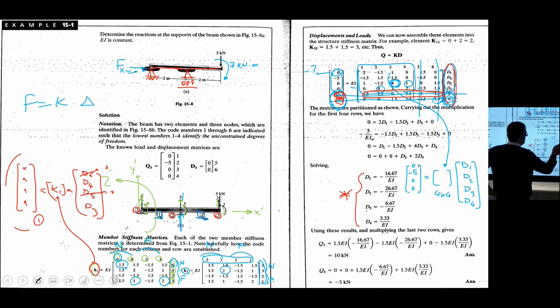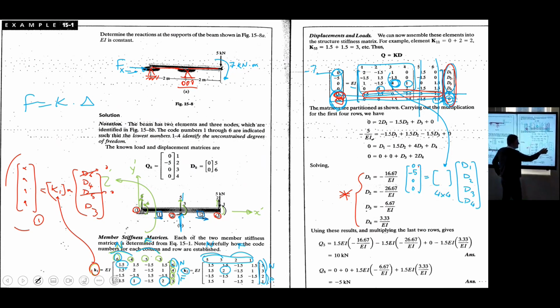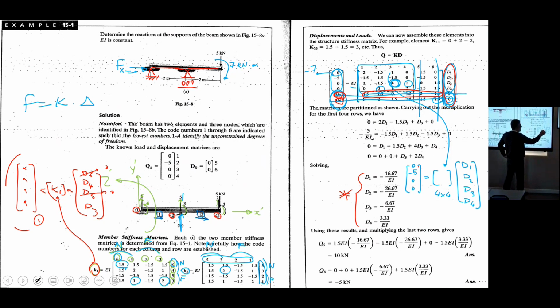I write it somewhere if I find some places. Let's call it, you know, what is this 4 by 4? This is this one, okay? After crossing out with the zeros. Let's name it K total, for example.